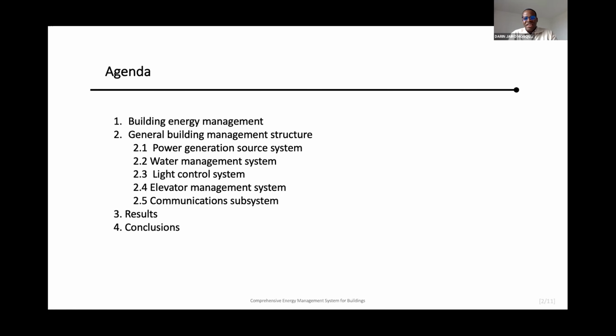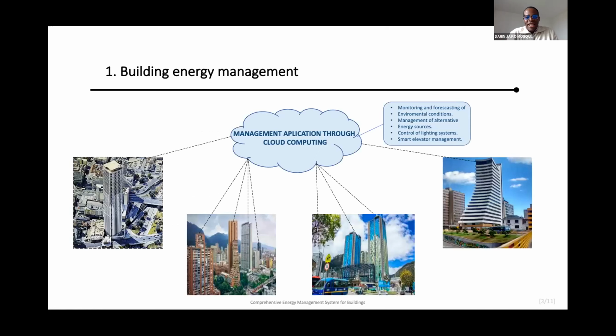Below is the agenda of the presentation. In this slide, we can see the general case of the integral management system for buildings. As can be seen, the system will have the application in the cloud computing scale that will have the following function: monitoring and forecasting the environment climatic condition.